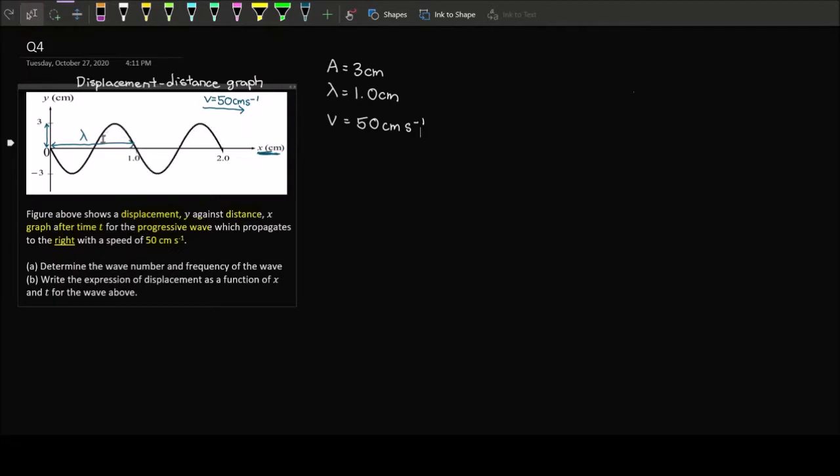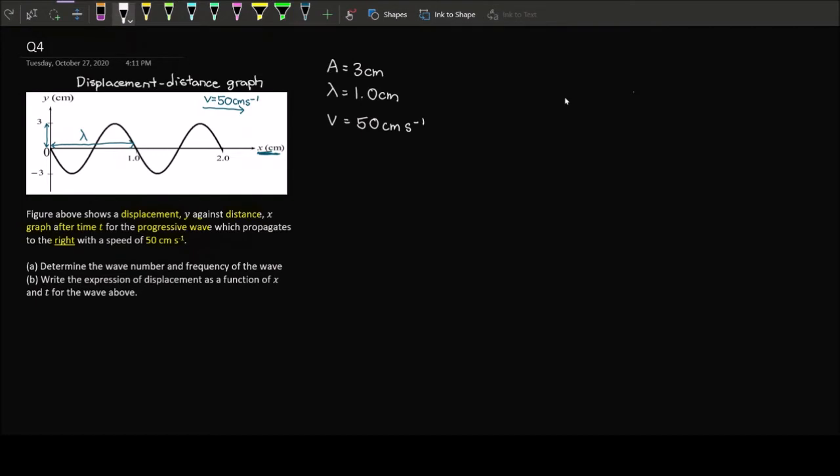So the time here is fixed. That's why they say after time t. Later we'll talk about the difference between the displacement distance graph and the displacement time graph in the next question probably. Okay, so after extracting all the information, it's time for us to solve the question.